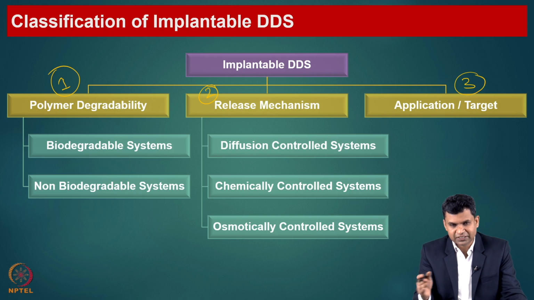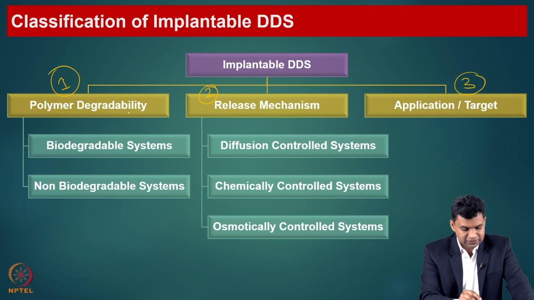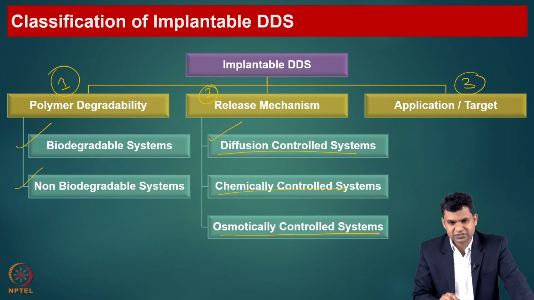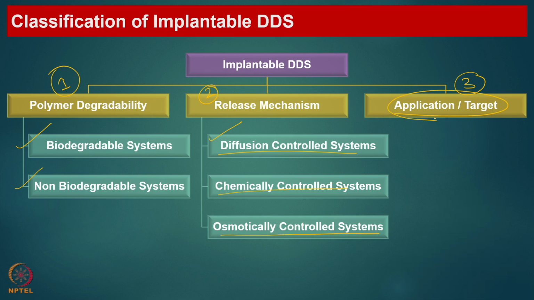The first one is polymer degradability, which is again classified into biodegradable and non-biodegradable systems. Based on release, we have diffusion controlled, chemically controlled and osmotic controlled systems, and based on the various diseases and target sites we can have further applications.